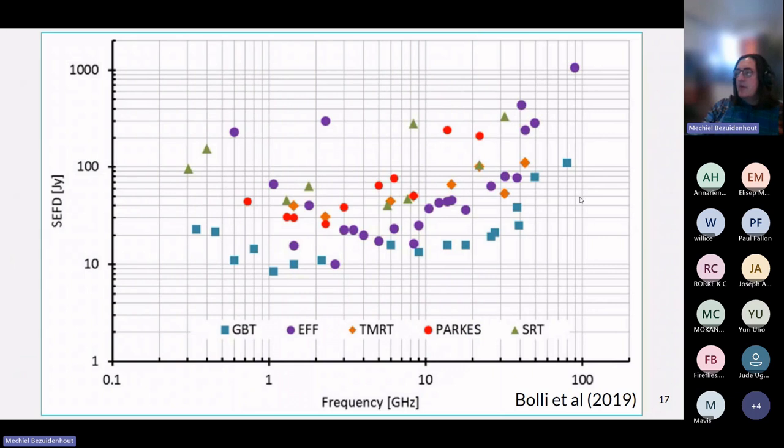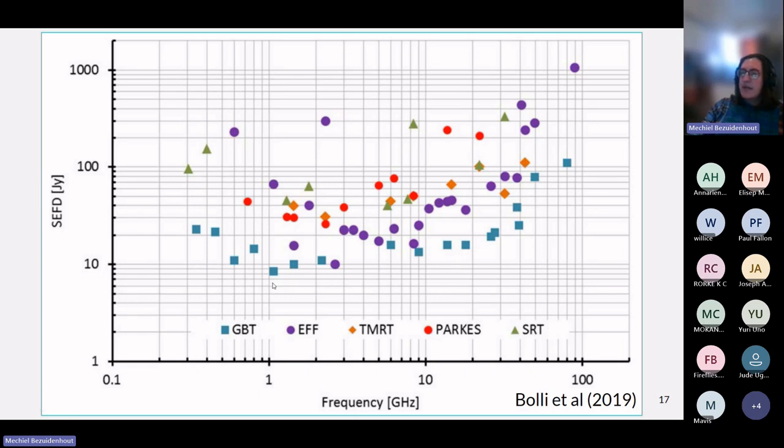So this is a plot showing the measured SEFD in Jansky at different frequencies for a number of big single dish radio telescopes. You have the GBT, Green Bank Telescope in the US, Effelsberg in Germany, Tianma radio telescope in China, Parkes telescope in Australia, and the Sardinia radio telescope.